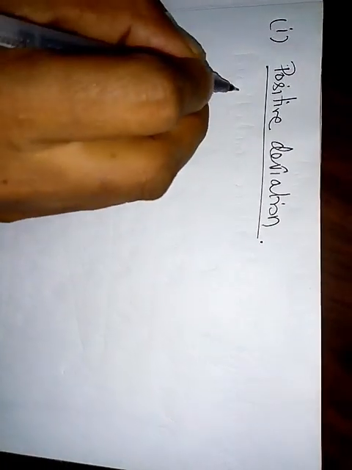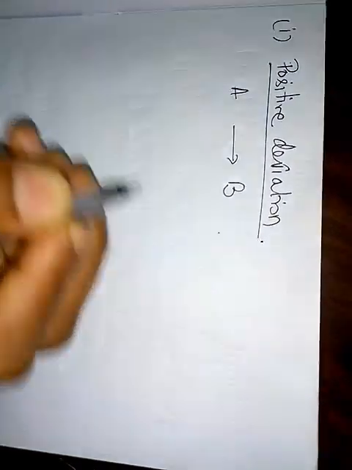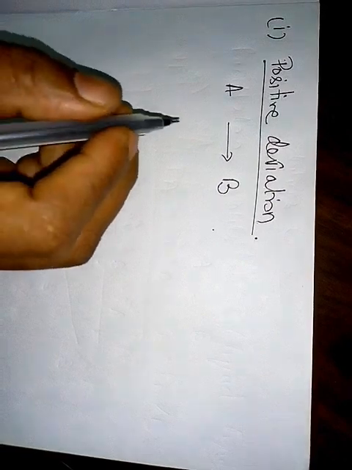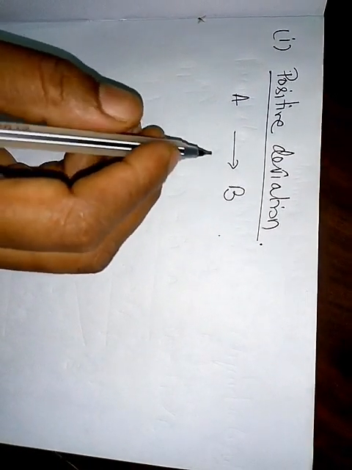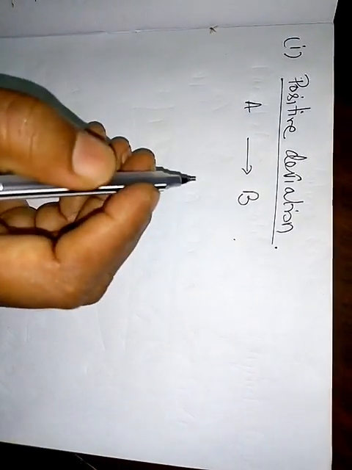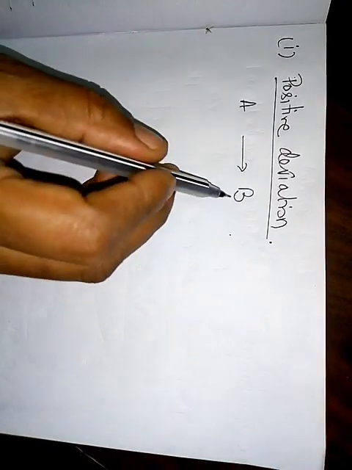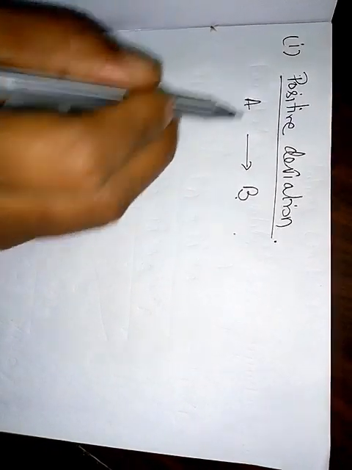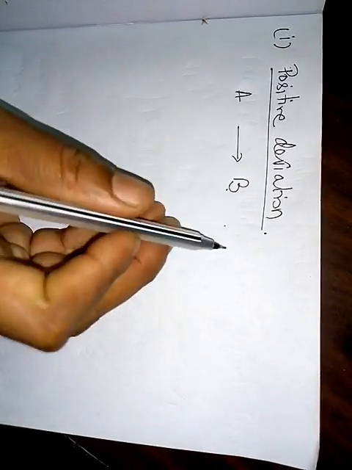Now, under positive deviation, suppose A component is added to B component and the partial pressure of component A is found to be more than that expected on the basis of Raoult's law. A similar effect is observed when component B is added to A. The partial pressure of B is more than expected.